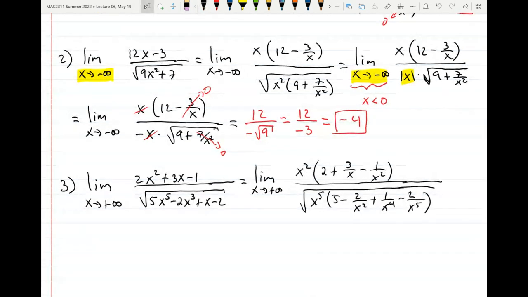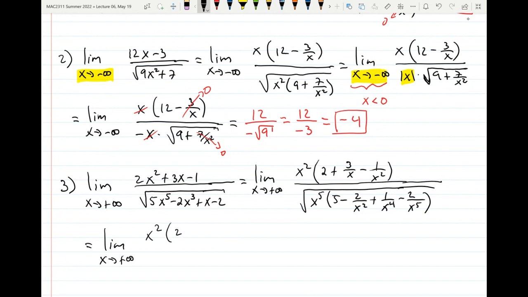Okay, so now here, because we have the square root of x to the 5th, once again x is approaching positive infinity, so x is positive. But the point is that what we can do is the same thing that we have been doing. Let's just split. And then this would be a square root of x to the 5th. I'm going to write that as x to the 5 over 2.